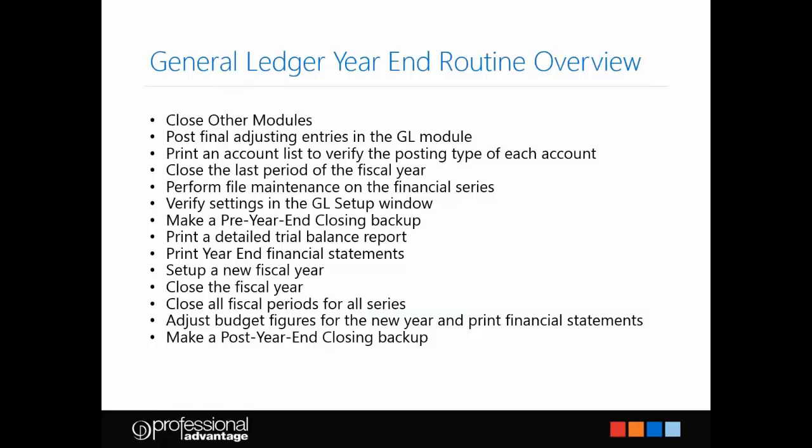And we also recommend you print an account list and verify the posting type of each account. The significance is that, as I said at the very beginning of the webinar, GP year-end goes through every chart of account that has balances outstanding and checks all those account posting types. It will zero out all the P&L account balances, sum those balances up and post them into the retained earnings account.